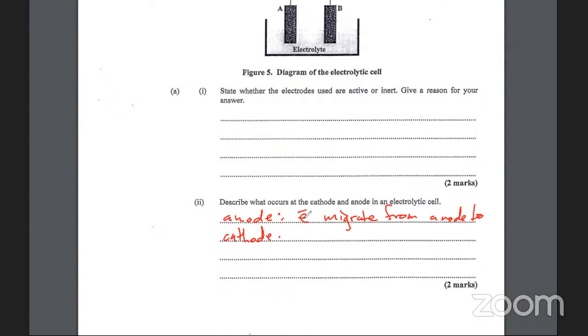All right, so generally electrons move from anode to cathode, and then anions in the electrolyte move to the anode and are oxidized.